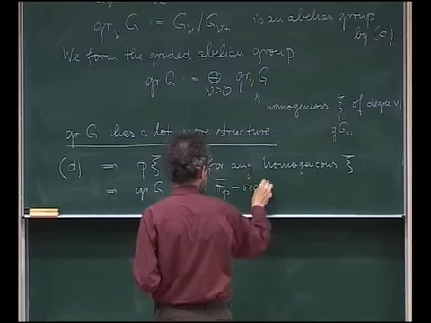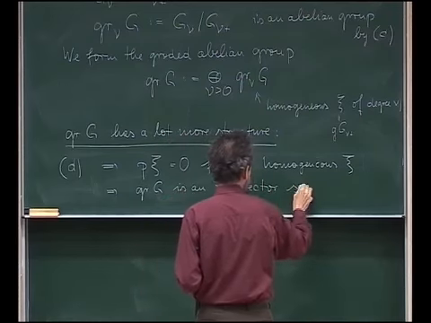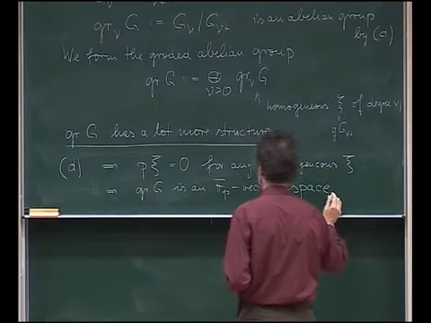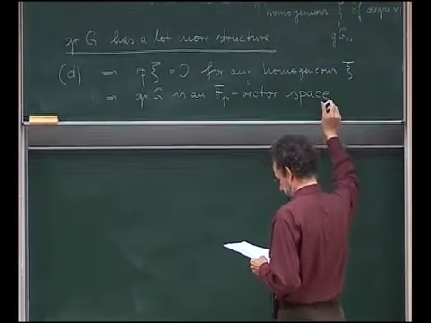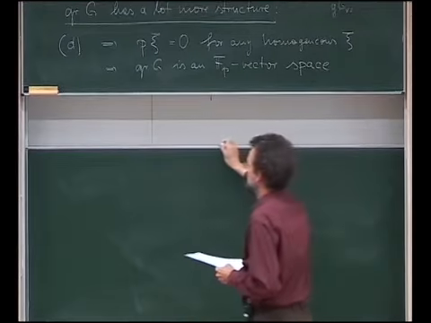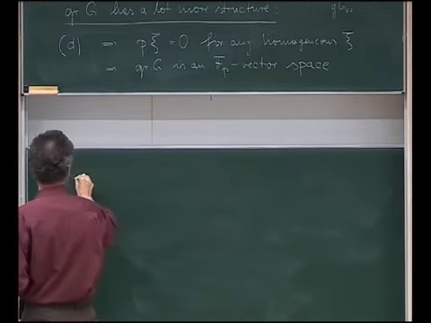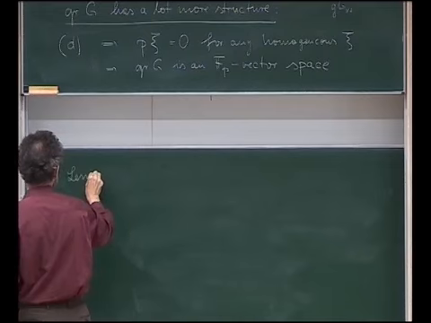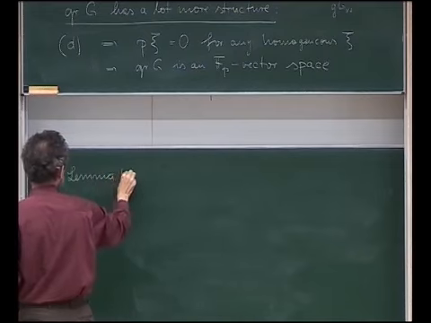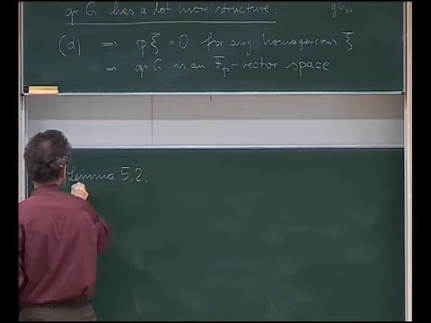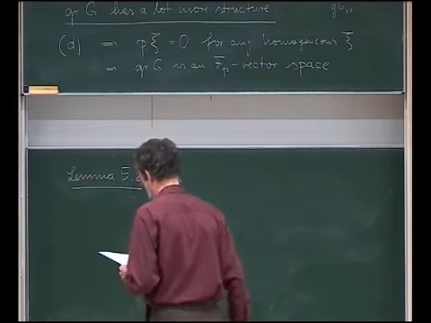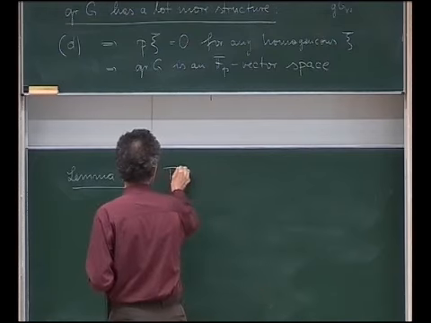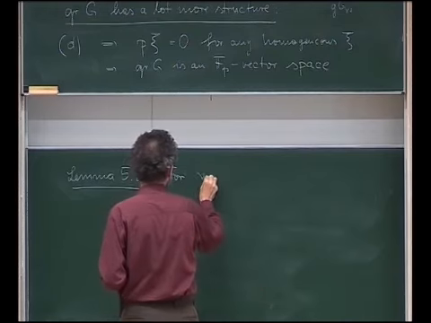So this actually means that gr G is an F_p vector space. So that is the first observation. Then second observation, let me formulate this as a lemma.